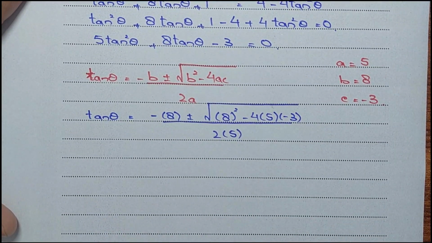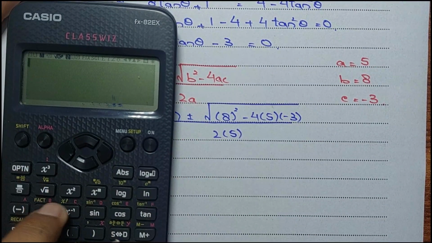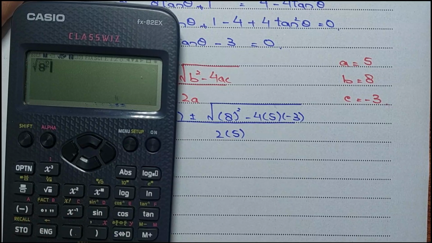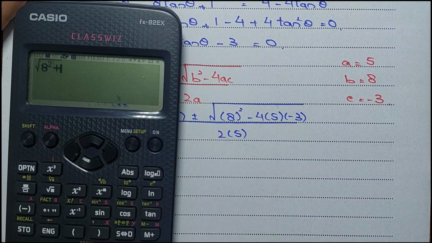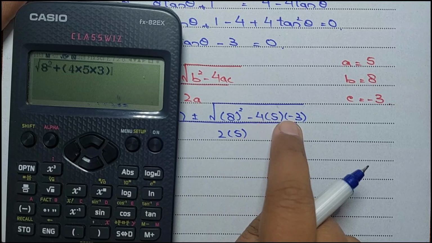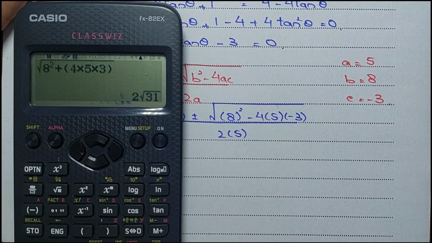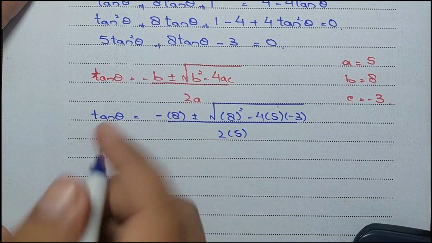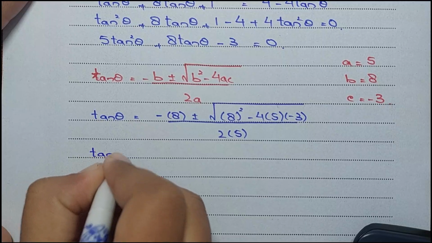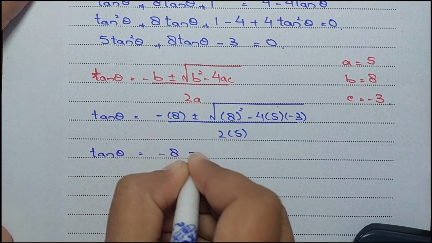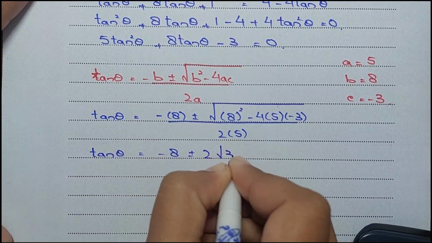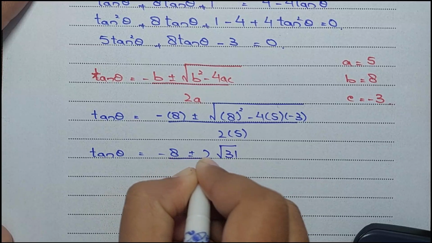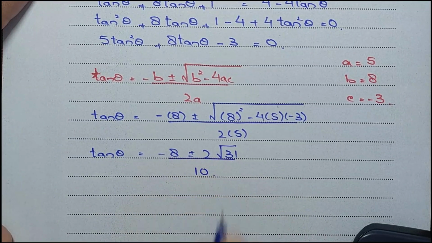Okay, let me simplify the square root. 8 square plus 4 into 5 into 3, because minus times minus is plus, 2 root 31. So tan theta is negative 8 plus minus 2 square root of 31 divided by 2 times 5 is 10.